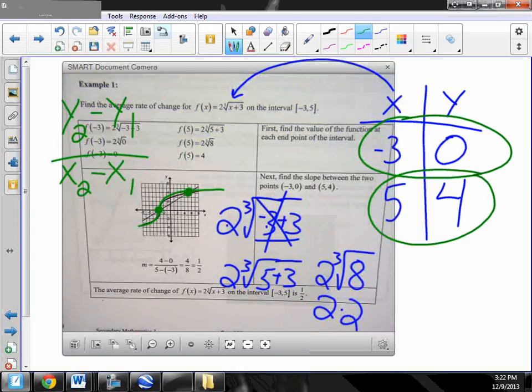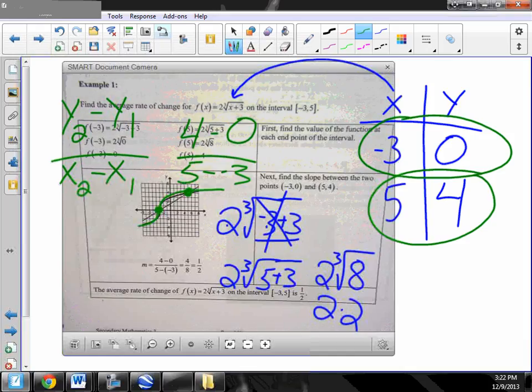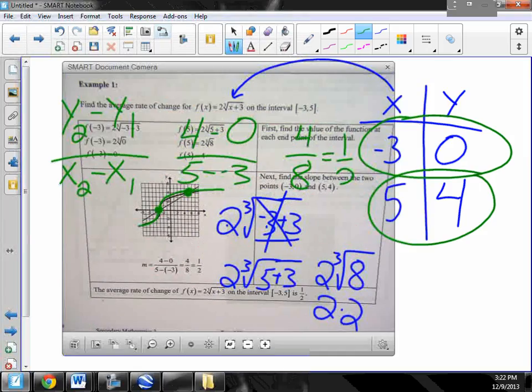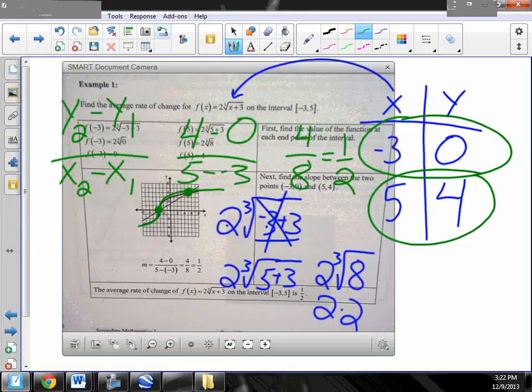So 4 minus 0 over 5 minus -3. So I get 4 over 8, which is 1/2. Which means, on average, I'm traveling at 1 foot for every 2 seconds. So 1/2 a foot per second.